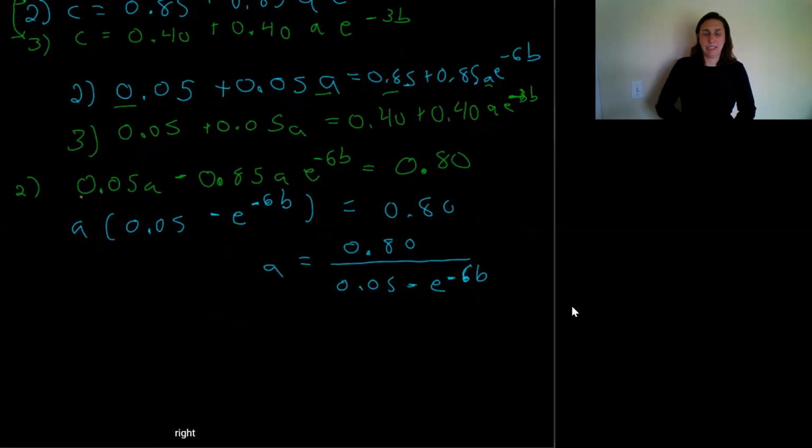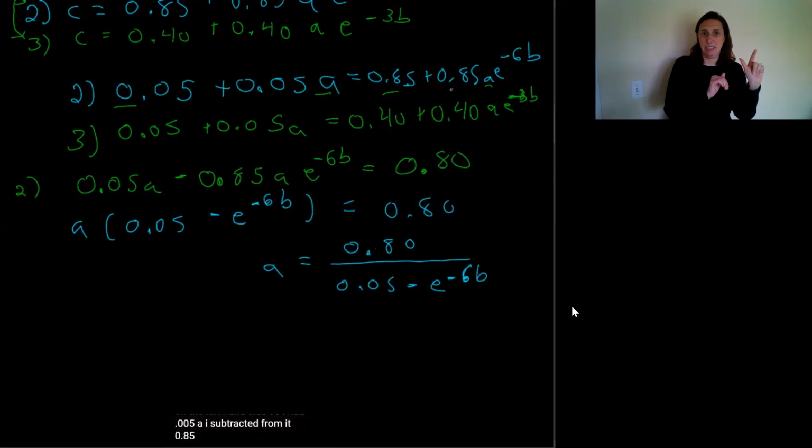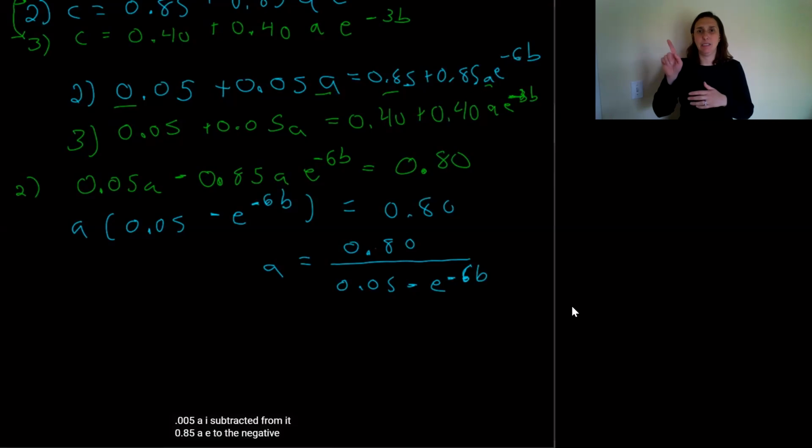Right? I took equation 2, I put all the A's on the left-hand side. So I had 0.005A, and I subtracted from it 0.85A e to the negative 6b.